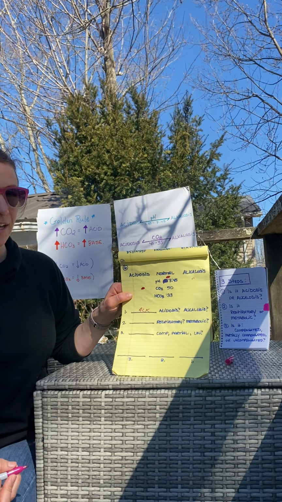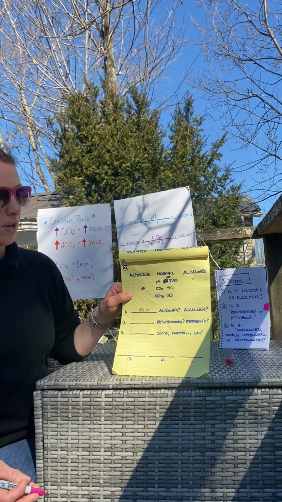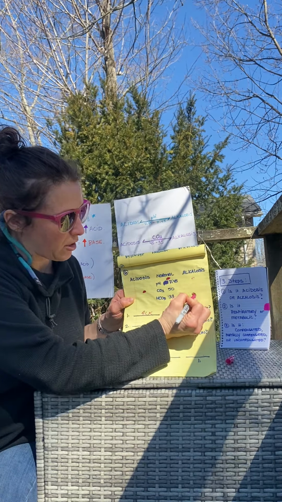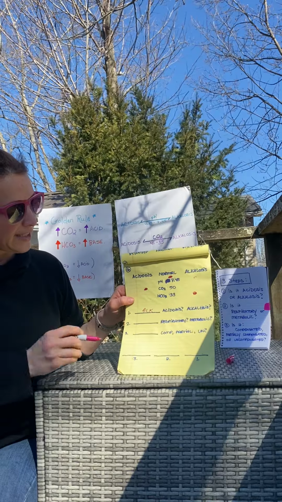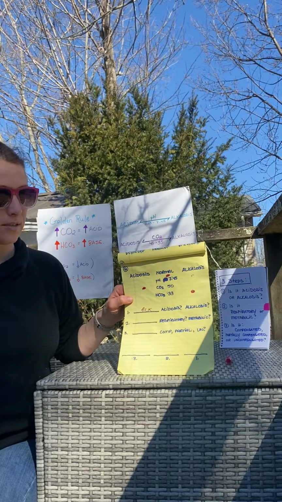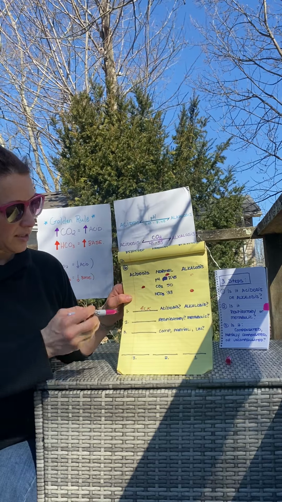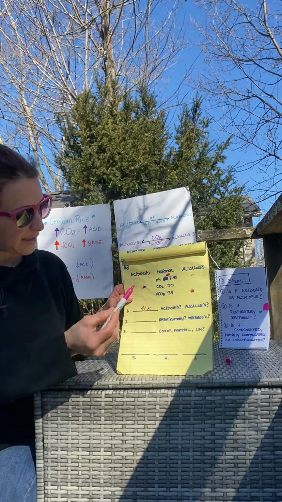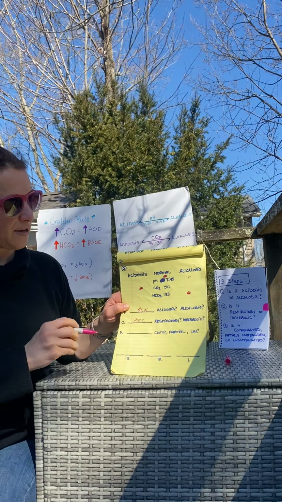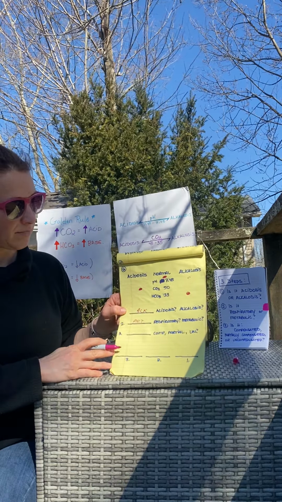Bicarb is 33. 22 to 26 is normal. More bicarb, more base. So this is alkalosis, okay? So we said the pH, even though it's normal, it's closer to being alkalosis, right? So this is alkalosis. So which one of these is alkalosis? It's bicarb, right? So it's metabolic. And then, is this fully compensated?